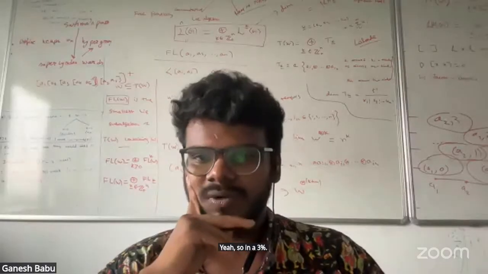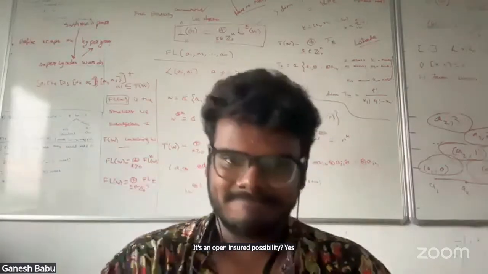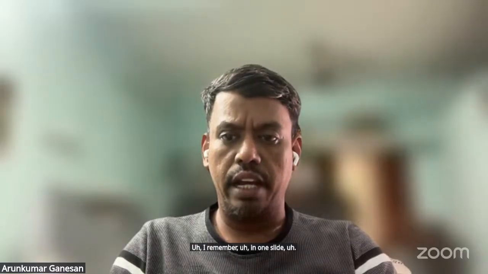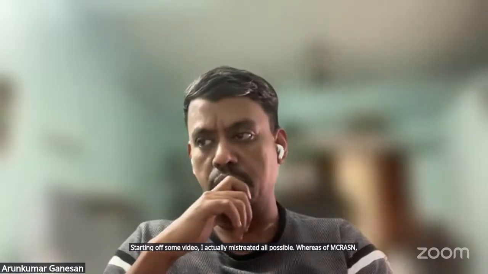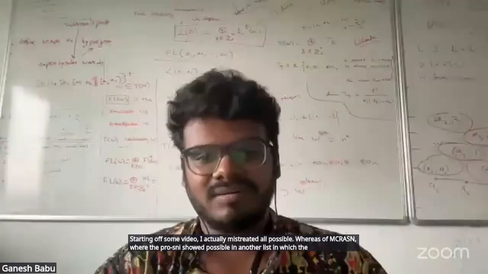In a 3xn or 4xn chessboard, is an open knight's tour possible? Yes, in some cases, not all cases. I remember in one slide, at the start of some video, I actually listed all possible values of m cross n where a closed knight's tour is possible, and another list in which an open knight's tour is possible.